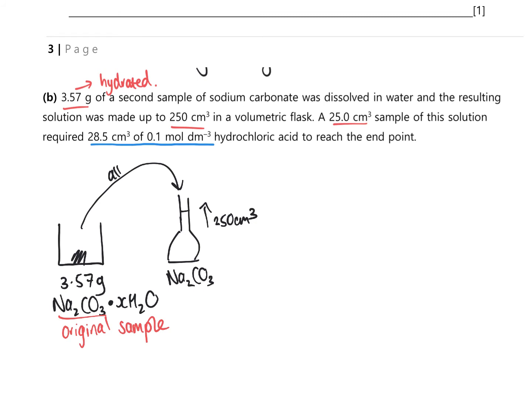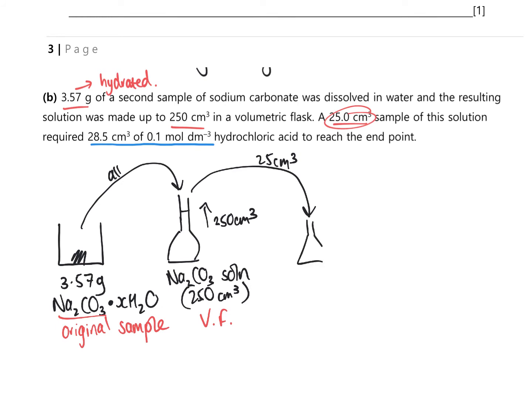Remember, once that is dissolved, the water of crystallization breaks away and mixes in with the other water molecules that you're dissolving it in. So it reacts then as the anhydrous salt. So that's the volumetric flask. We're then told that a 25 centimetre cube sample is taken out for titration ultimately. So that's going to be 25 out of our 250.